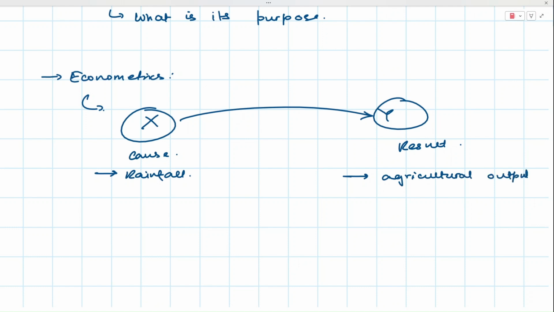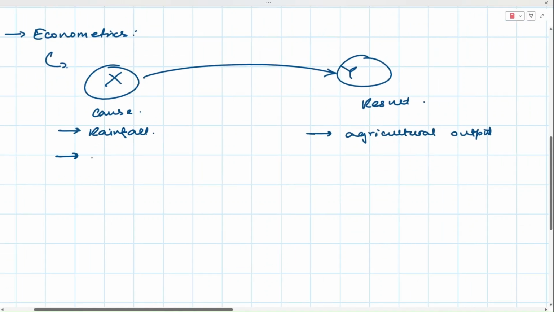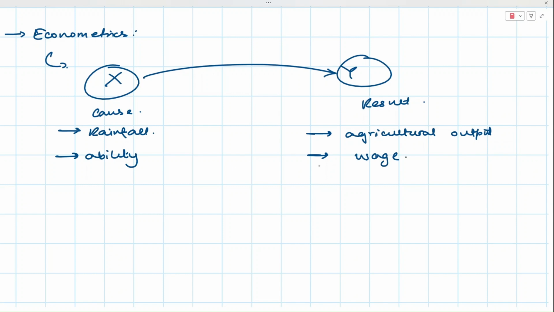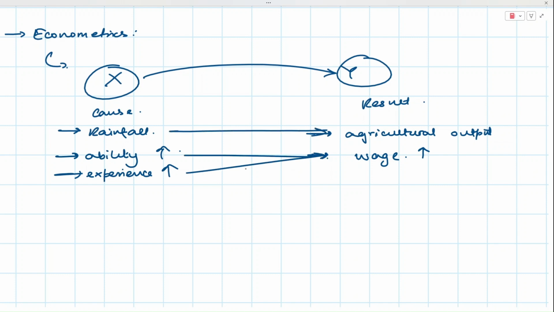If a person has some ability to do work, then they'll probably get some wage. If the person's ability is higher, the wage can be expected to be higher. Similarly, if the person has more experience, then we might expect the wage to be higher. So rainfall causes agricultural output, ability causes wage, experience causes wage.